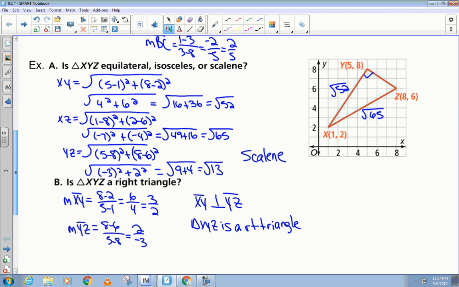Now, if it was graphed, could I count the slope? Yeah, I could. I could have gone, start here, rise 1, 2, 3, 4, 5, 6, run back 1, 2, 3, 4. So that's 6 over negative 4, which is negative 3 halves. And here I would rise 1, 2, back 1, 2, 3.